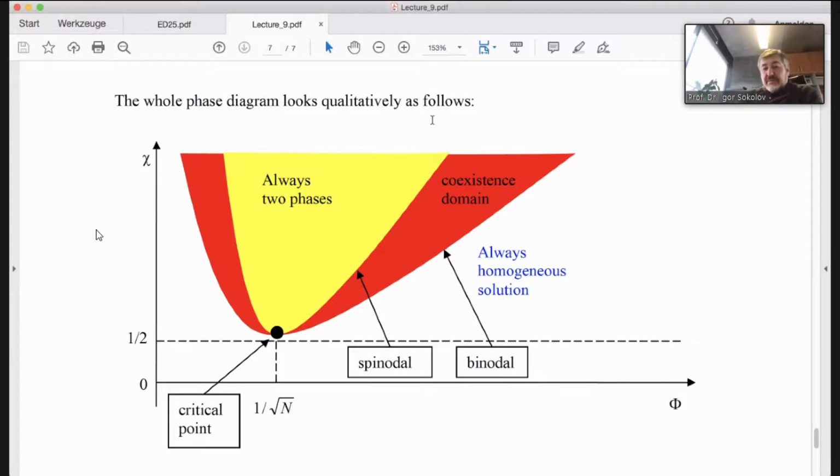If you come from the two-phase region, from above the spinodal, and go down, here again, nothing happens because a two-phase system is better than a single-phase system. So you stay in the two-phase until you come here when the two-phase system simply gets bad.